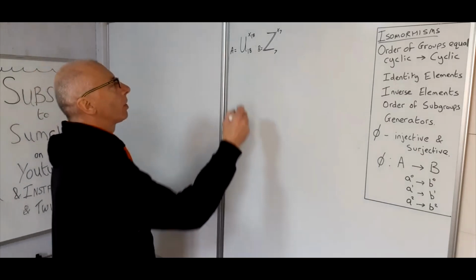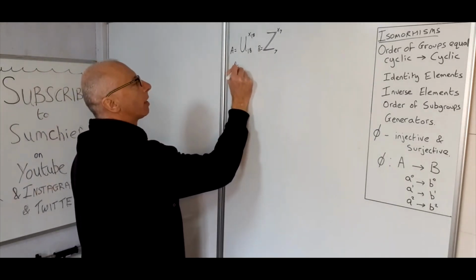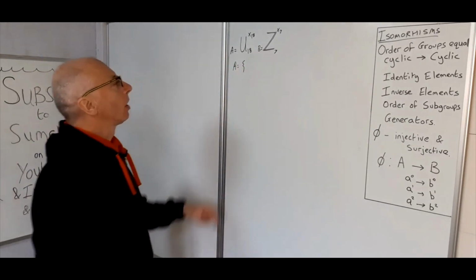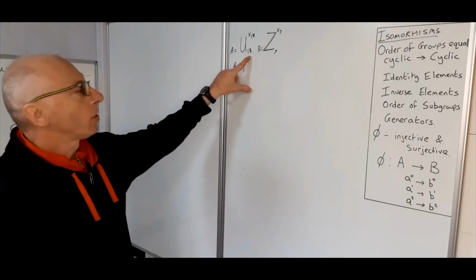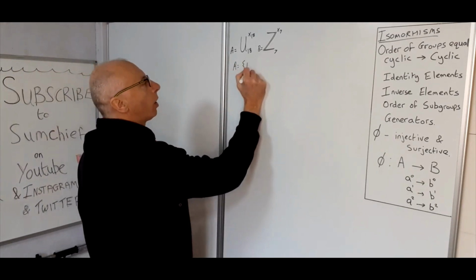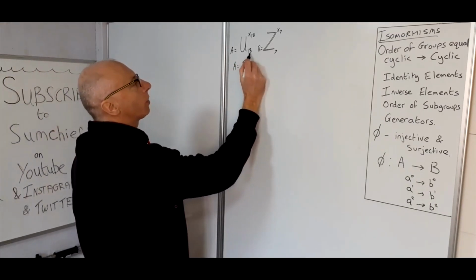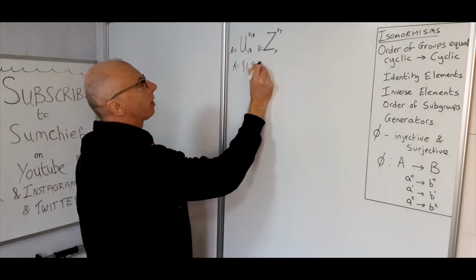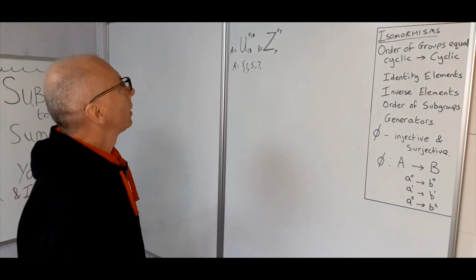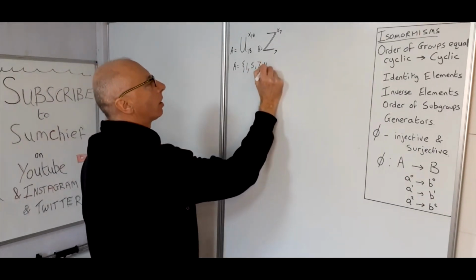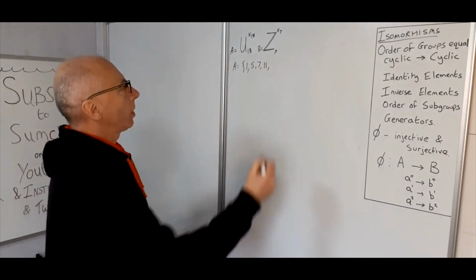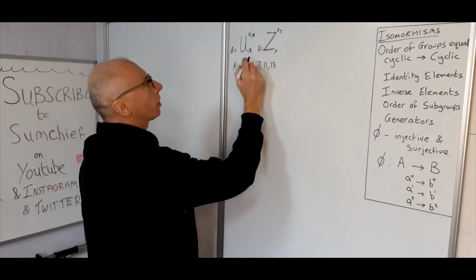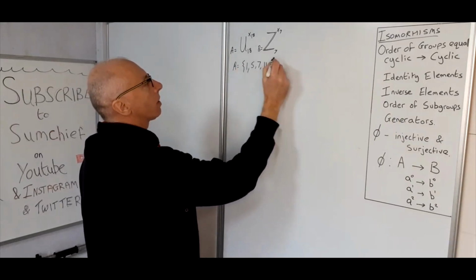So let's have a look first at what group A is. All the elements will be coprime integers of 18. So we've got 1, 2, 3, 4, 5, 6, 7, 8, 9, 10, 11, 12, 13 is good, 14, 15, 16, 17.